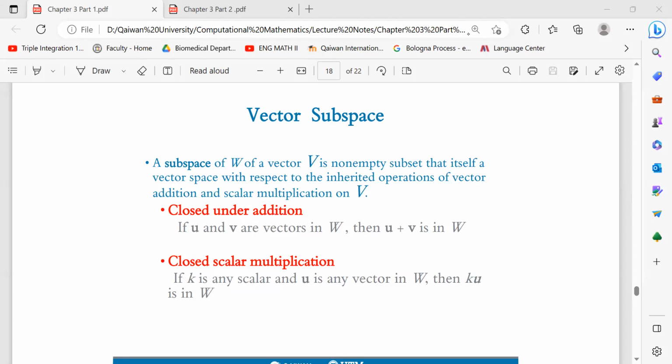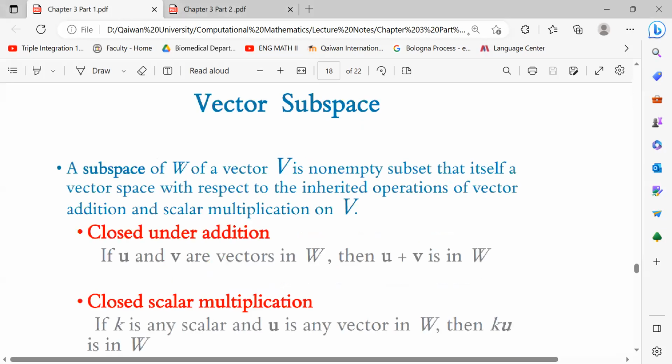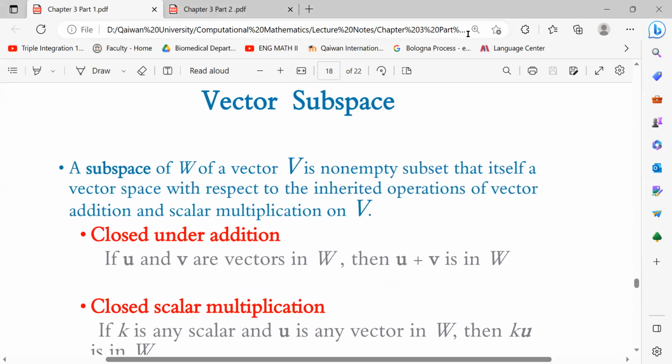We say a subspace W of a vector space V. Here it says W is called a subspace of V if it satisfies these conditions. We have two conditions on W to be a subspace of V.